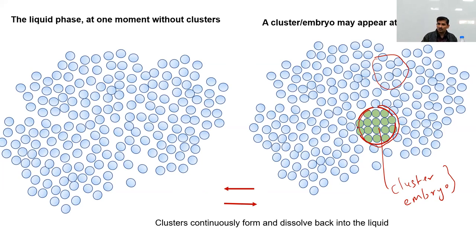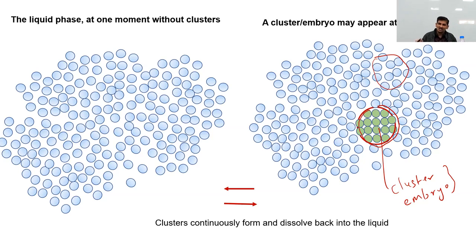But the formation of clusters or embryos is an ongoing process. It always happens, even in the liquid above the melting point, where there is no thermodynamic driving force for solidification. Although the liquid is completely stable, this process of cluster formation and destruction always happens, and the reason is the thermal energy of these atoms.